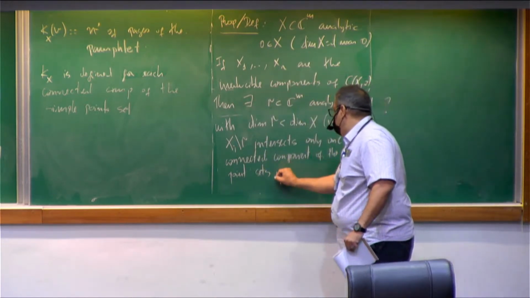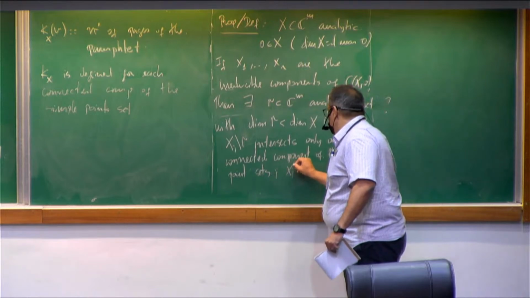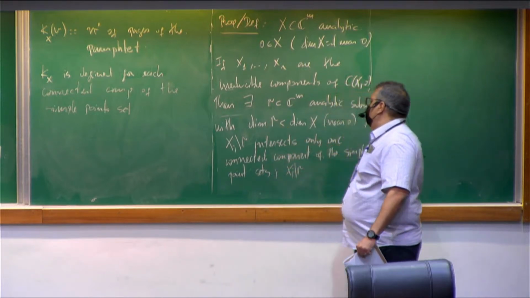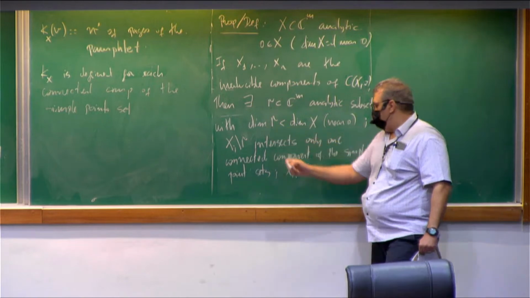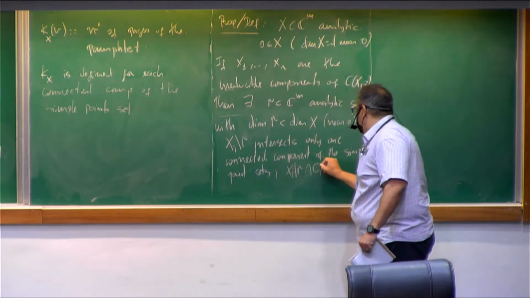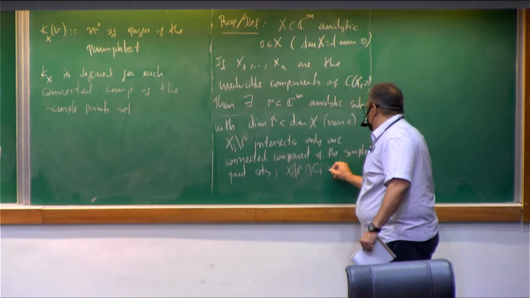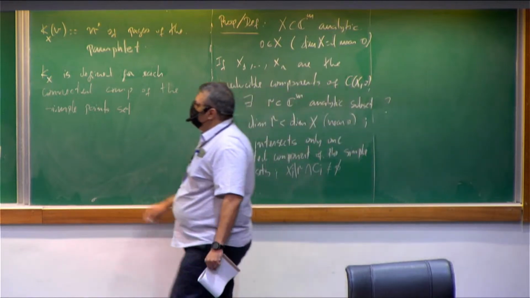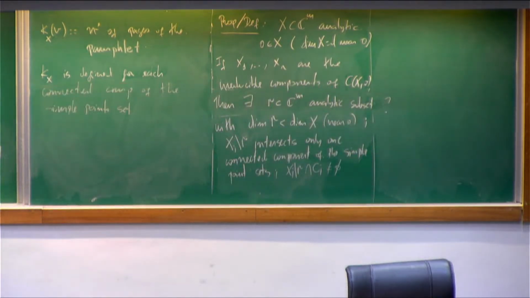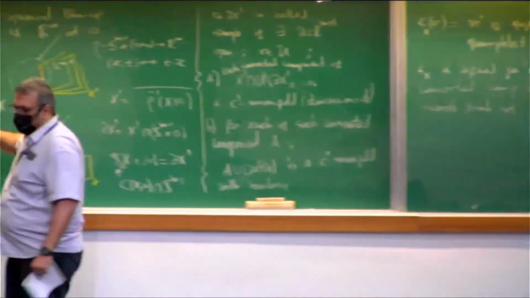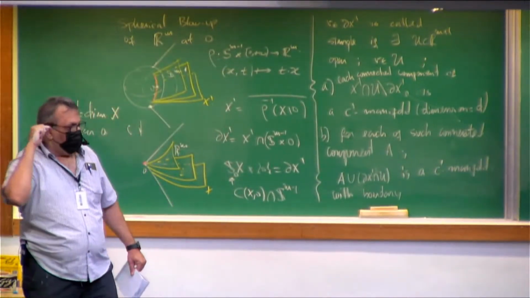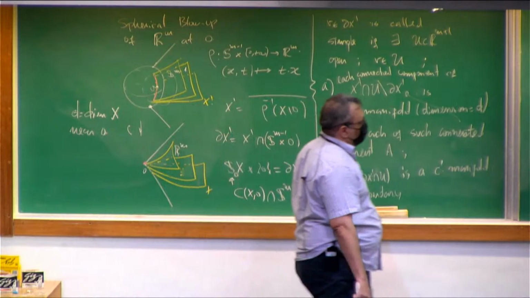Okay, let's say X_Y minus this analytic set intersects C_Y. C_Y is one of these good components in the tangent vector, the tangent cone.